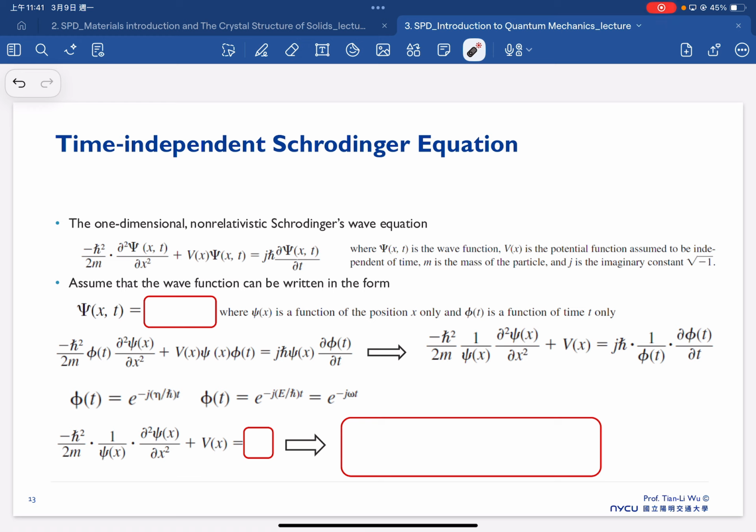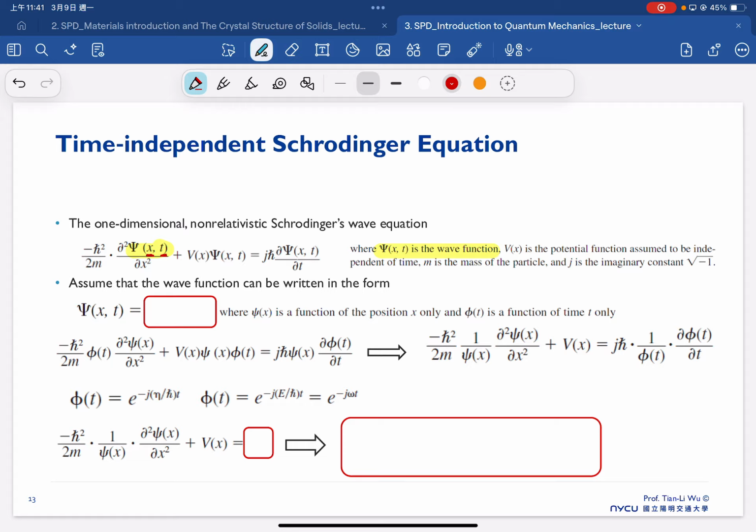So we try to apply this wave equation. In the beginning, it is shown here: phi(x,t). Phi(x,t) is a wave function that has two dependent variables, x and t.